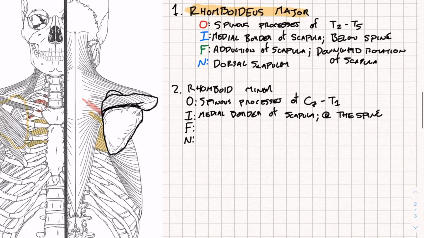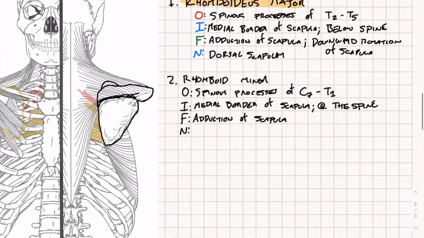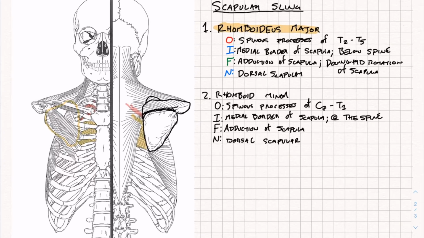Okay, its function, this doesn't really have much of a rotation ability, but it definitely pulls the scapula in towards the midline, so we call that adduction of the scapula. And its nerve also is the dorsal scapular nerve. Cool.